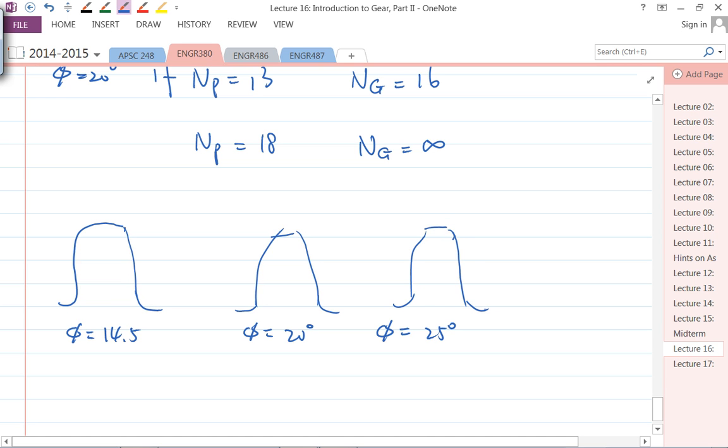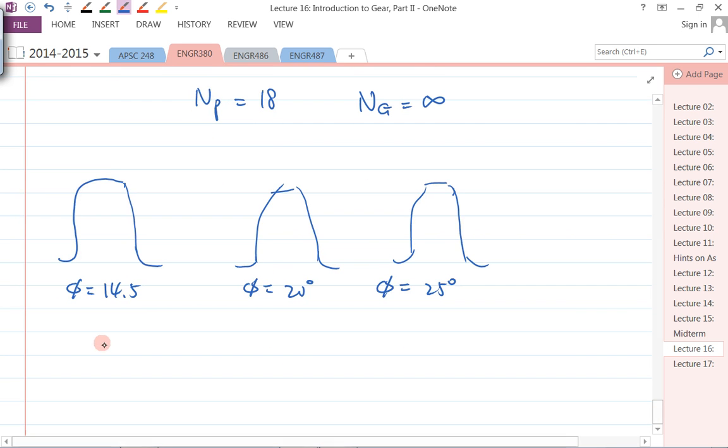So the effect is, if you remember, the base circle radius. The base circle radius is equal to what? The pitch circle radius times cosine phi, right? So when the phi angle is increasing, what do you think happens to the base circle radius?